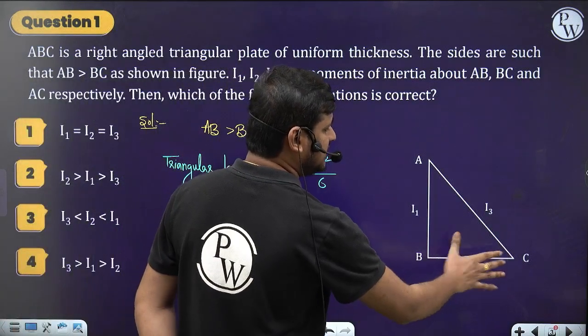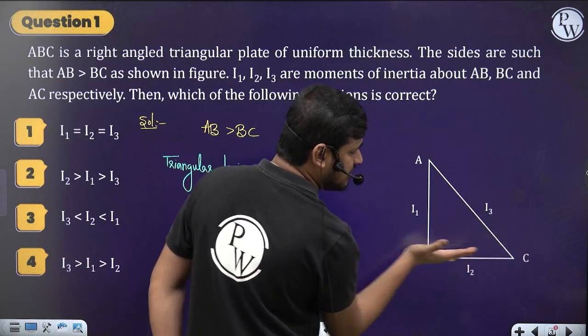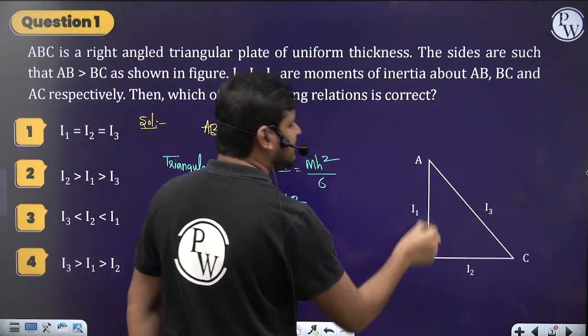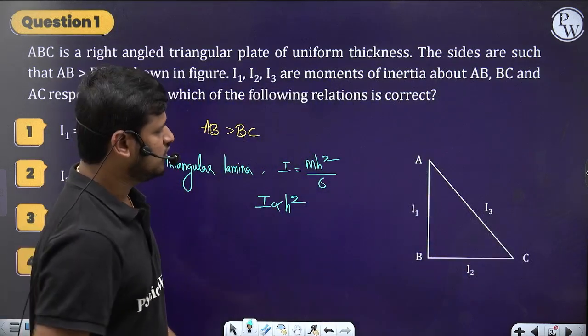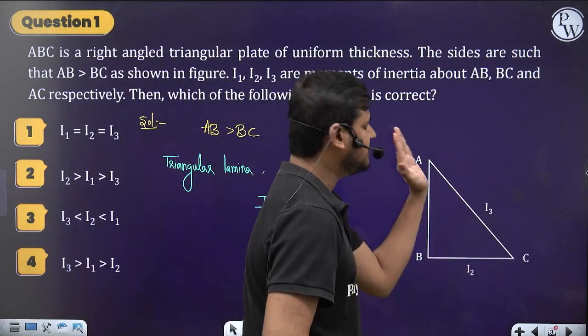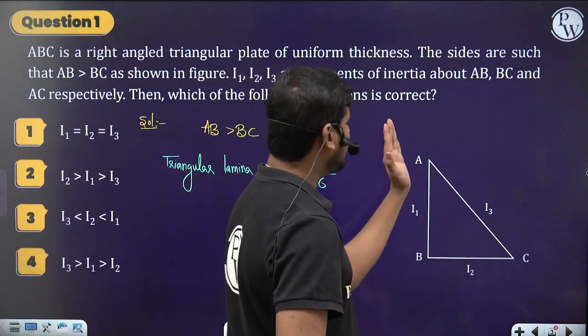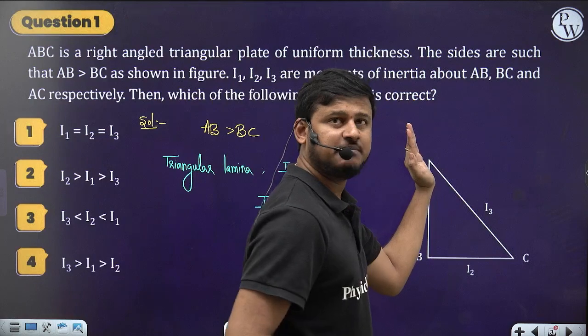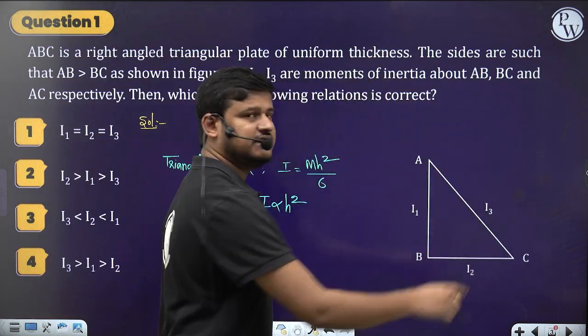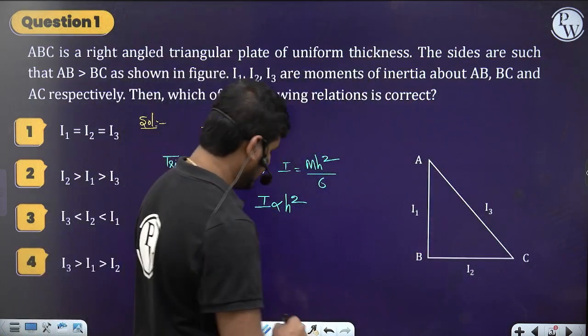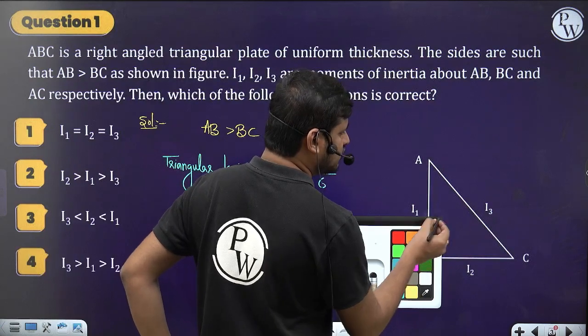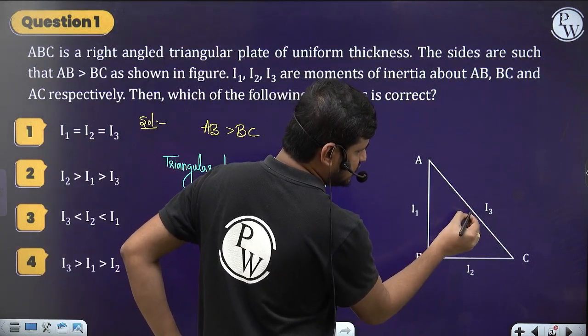If you are finding the moment of inertia about BC, AB will become the height. If you are finding the moment of inertia about AB, BC will be the height. If you are finding the moment of inertia about AC, this will become the height.